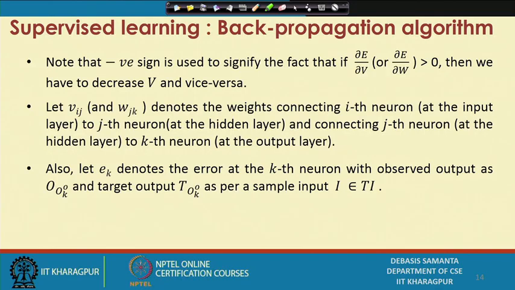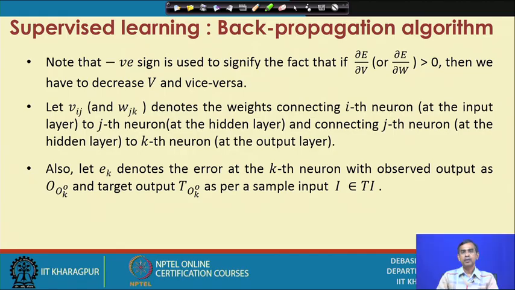V i j and W j k denote the weight values connecting the ith neuron in the input layer to the jth neuron in the hidden layer, and the jth neuron in the hidden layer to the kth neuron in the output layer. E k denotes the error at the kth neuron, which is half of the sum of the squared differences between the observed output and the true output for each input i.